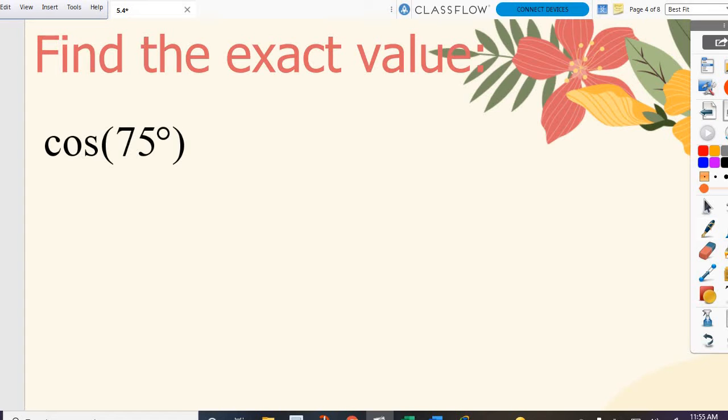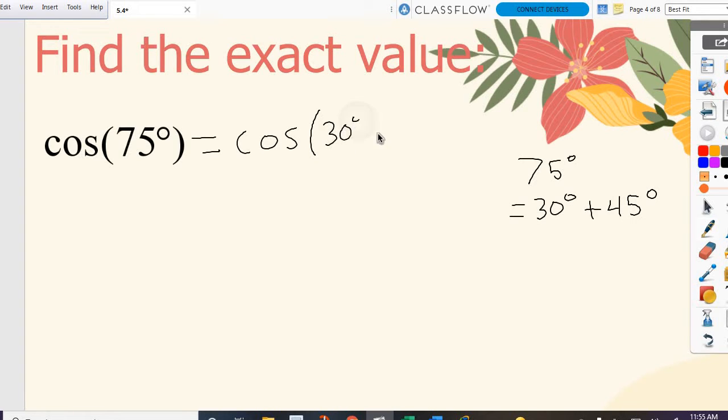So what's different about our cosine formula? Cosine, cosine, and then sine, sine. What else? What did I say last time? They flip the operation. Okay.